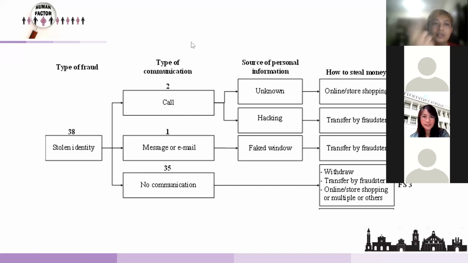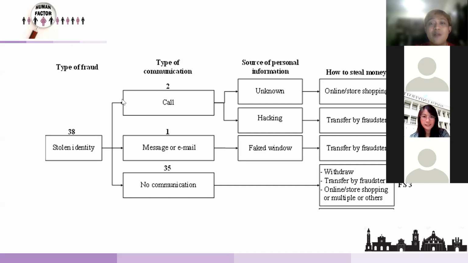The fraudster called the victim and asked for the number of the credit card as a requirement for getting the green card. He or she will ask for the card number, including the password, and so on.